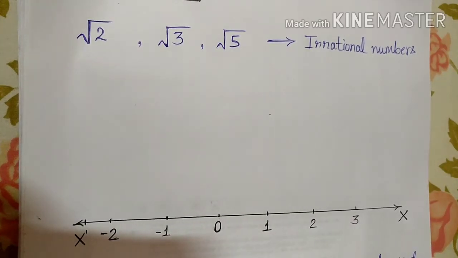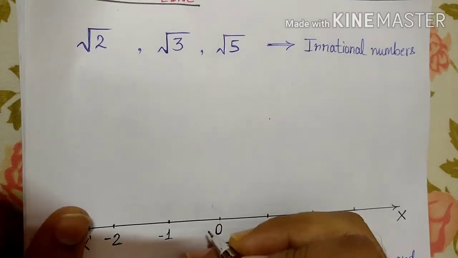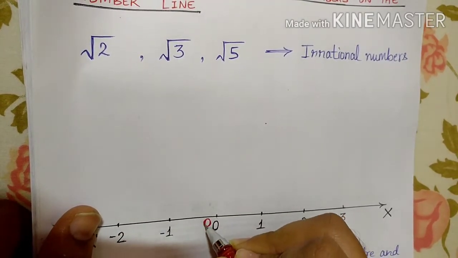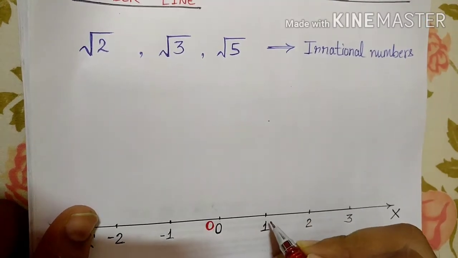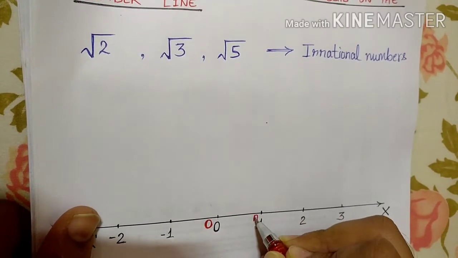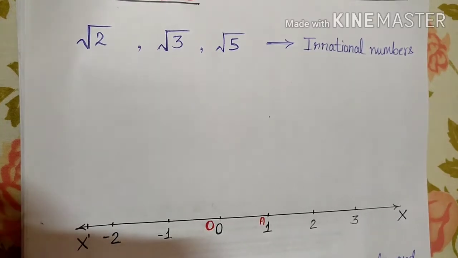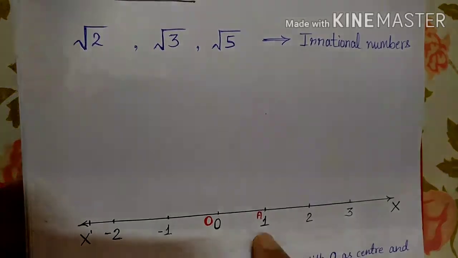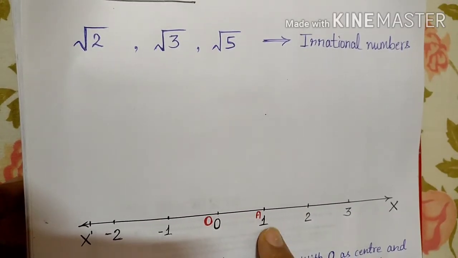Now what we are doing, we are going to name this number 0 as O, and this one I am writing as A. So it becomes OA. This OA is how much? 1 unit. Remember this.